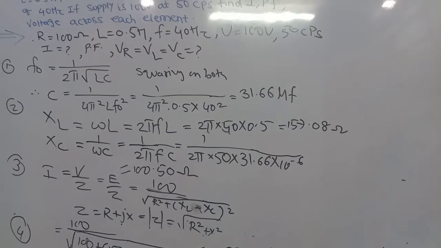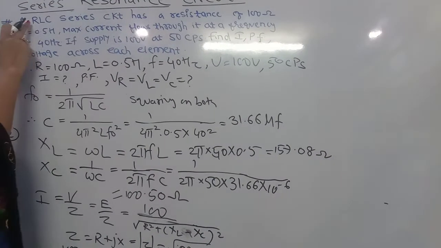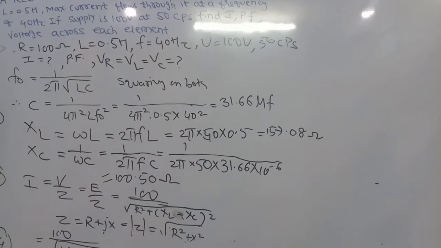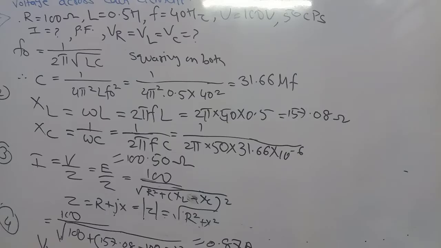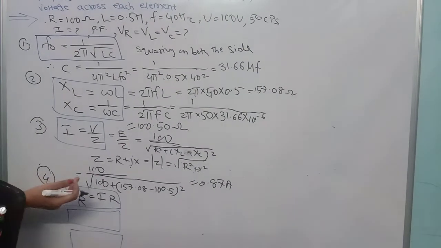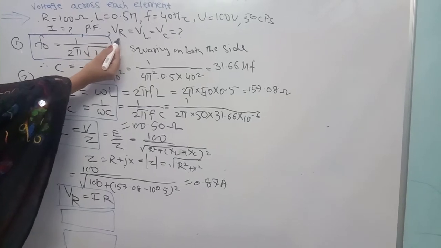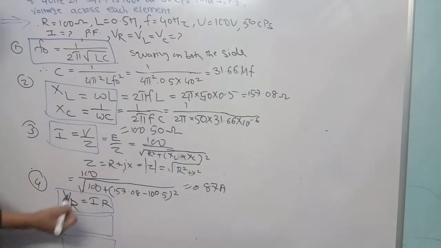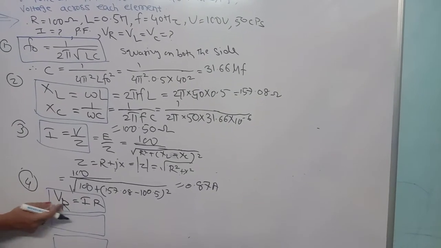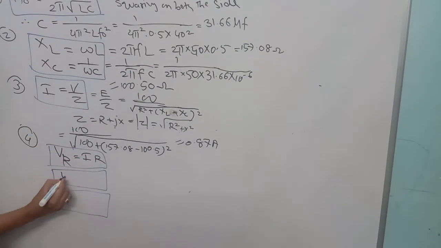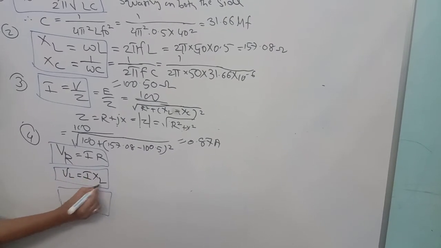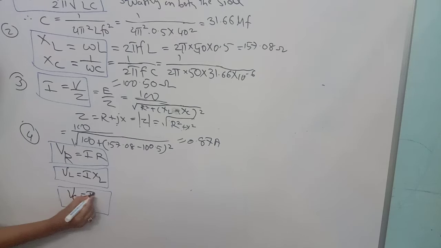Next is the voltage drop across each component. We have R, L and C, so the voltage drop across the resistor, inductor and capacitor. Now the last parameter you can calculate. By Ohm's law, V is equal to IR. So the voltage drop across the resistor is I into R, across the inductor is I into XL, and across the capacitor is I into XC.